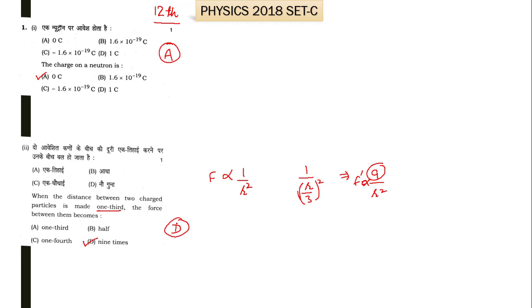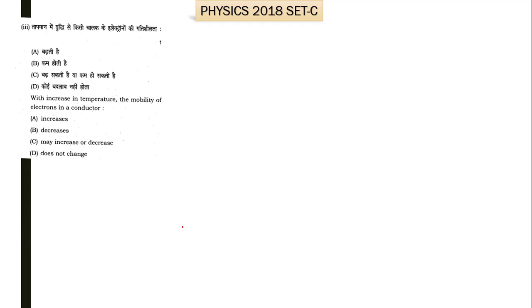Now moving towards the third part of question number 1. It says that with increase in temperature, the mobility of electron in a conductor, mobility is represented by mu and it is Vd by E, where Vd is drift velocity and E is the electric field.